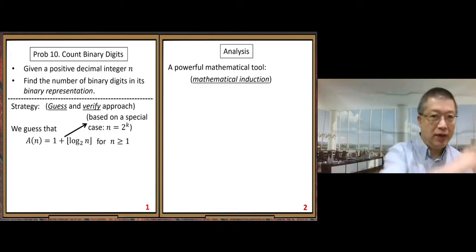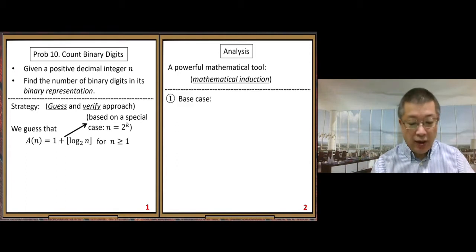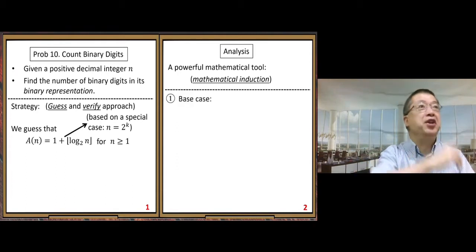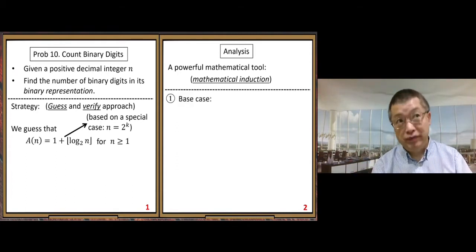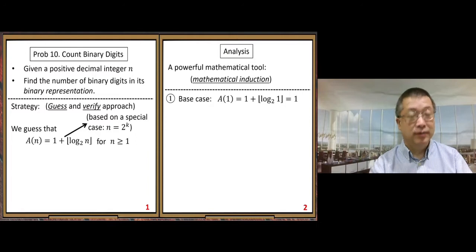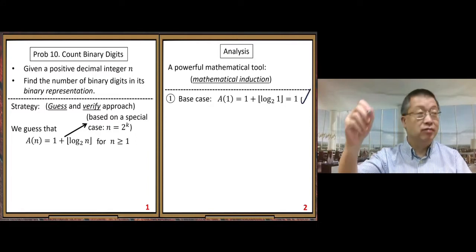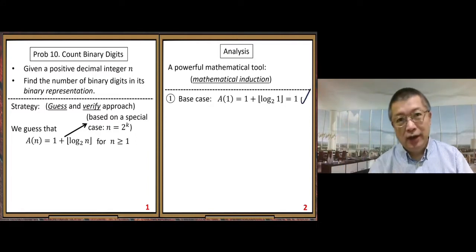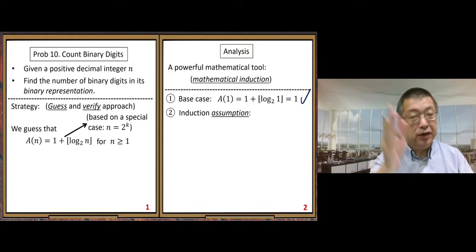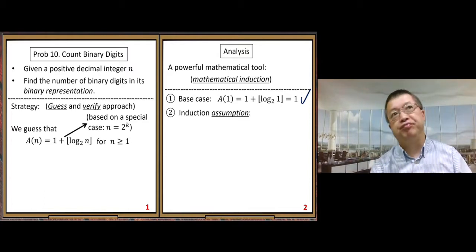All right, let's just do it. When we start, we need to check the base case. Usually this step is very easy, so we can quickly verify it. It's correct. Step number 2, induction assumption.